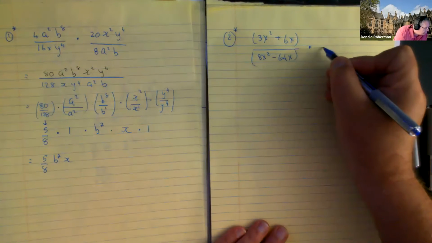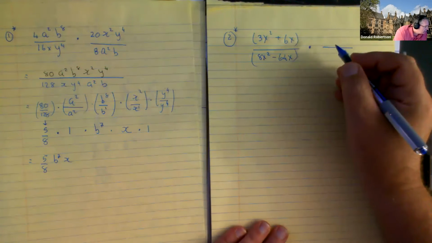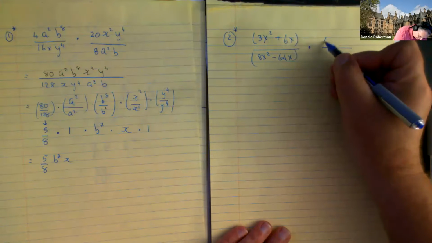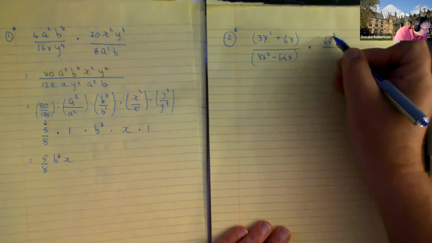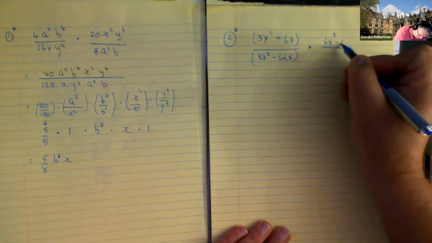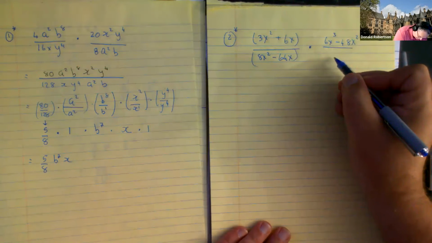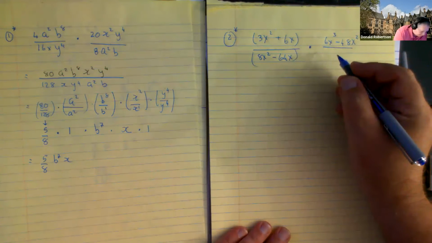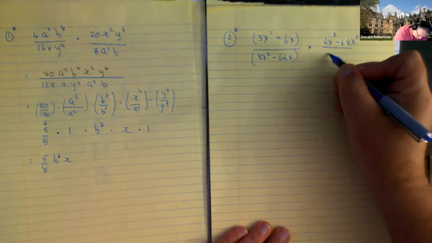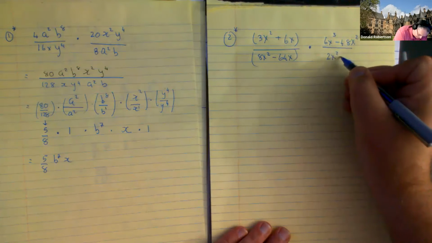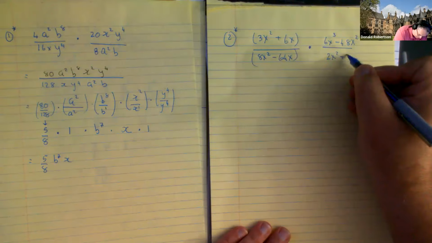And that fraction is going to be multiplied by 6x cubed, take away 48x squared, over 2x squared plus 4x.